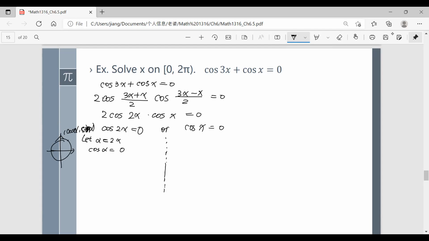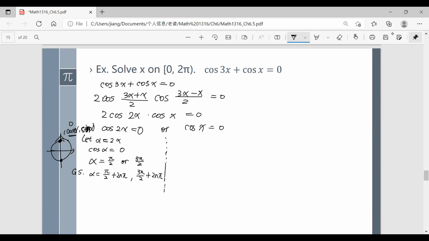So if cosine alpha is 0, that means these 2 points make the x-coordinate 0. So alpha equals pi over 2, or alpha equals 3 pi over 2. The general solution is alpha equals pi over 2 plus 2n pi, because the period of cosine alpha is 2 pi. Another one is 3 pi over 2 plus 2n pi.